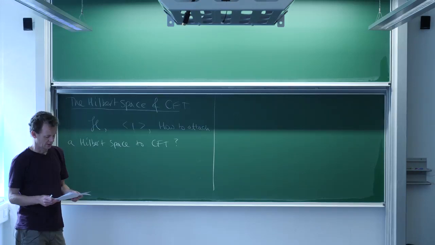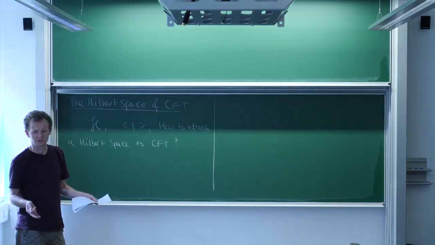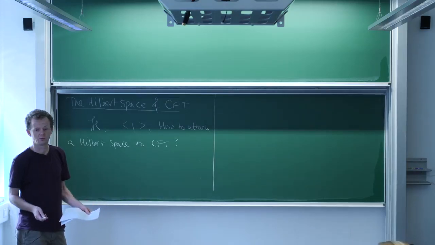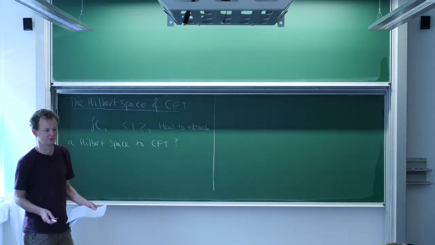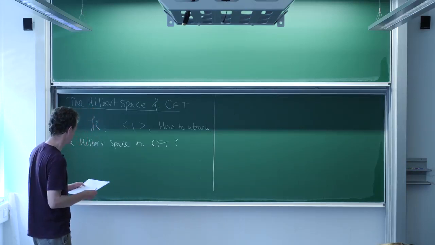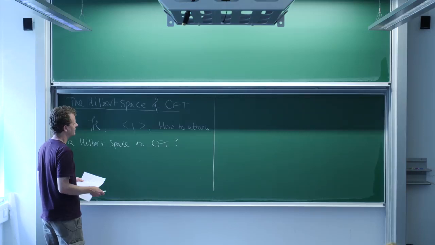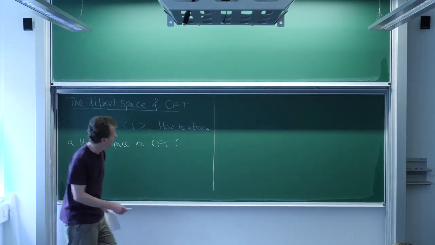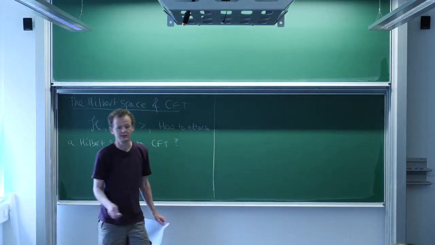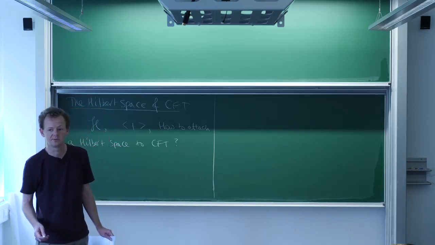and that way of attaching the Hilbert space matches aspects of what we would call conformal symmetry, or it allows us to represent things that we would call conformal symmetry. Now, there's a kind of standard way to attach a Hilbert space to any kind of field theory via so-called Wightman functionals.